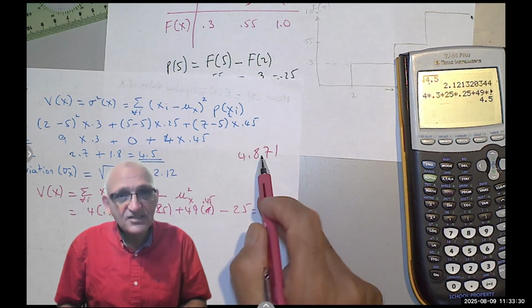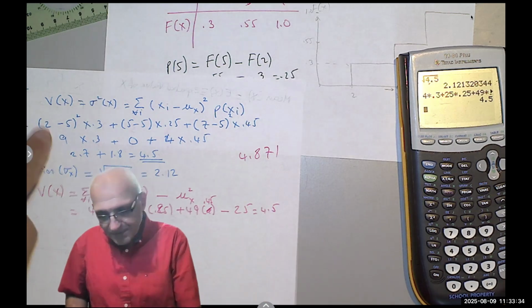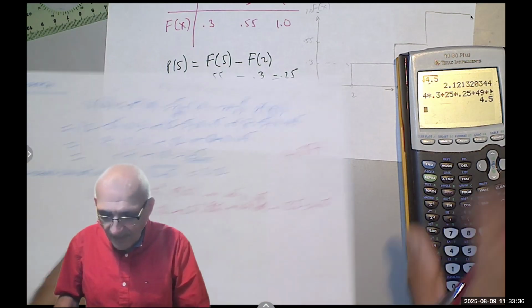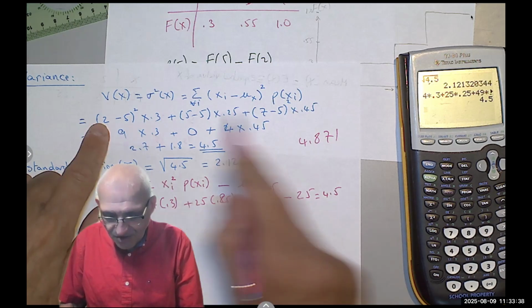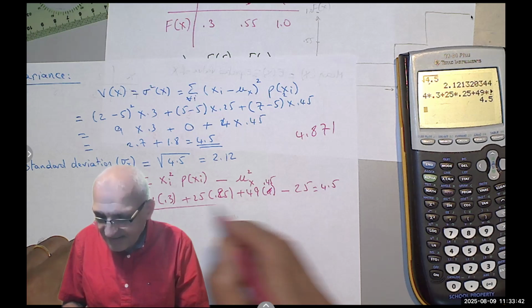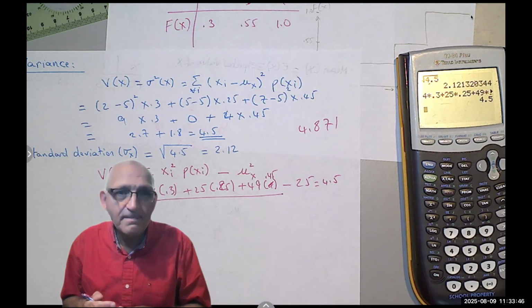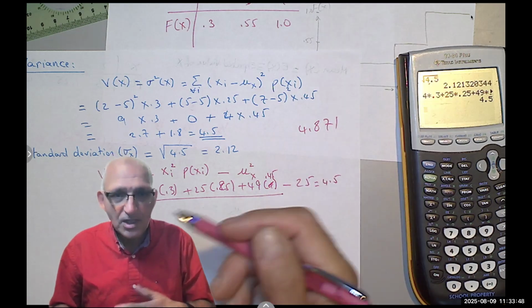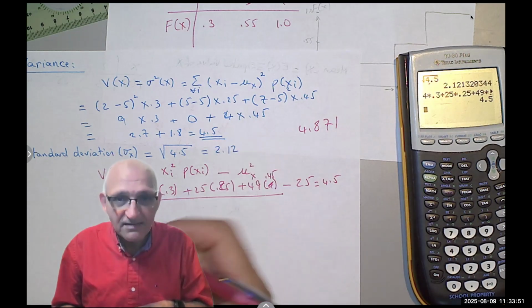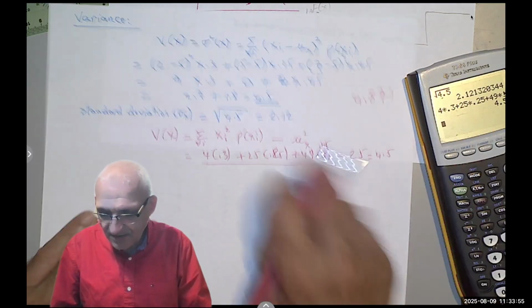Plus 5 minus that squared, plus 7 minus that squared. But if these numbers were integers, you can do this quite easily, and then at the end you subtract 4.871 squared. That's the only thing you would do. The other math is the same. And then after that, of course, you take the square root to get the standard deviation.